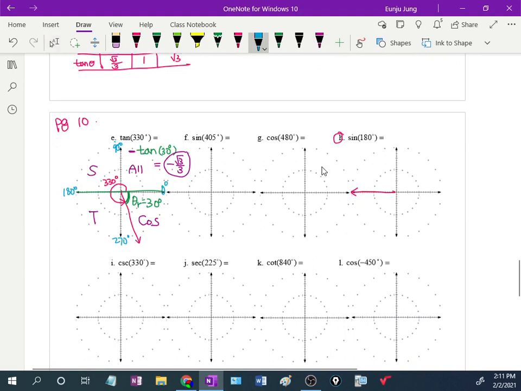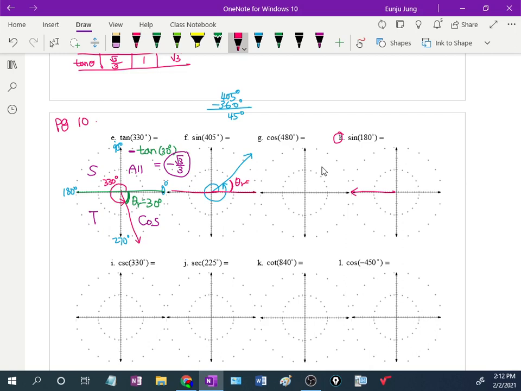Next one, 405 degrees. Wow, that is greater than 360 degrees. So let's see what is the difference. If I subtract, we get 45 degrees. So one full turn and then 45 degrees more, right? So from the initial ray, one full turn and 45 more. So it falls in the first quadrant. So what is the reference angle? Reference angle is between the x-axis and the given ray.